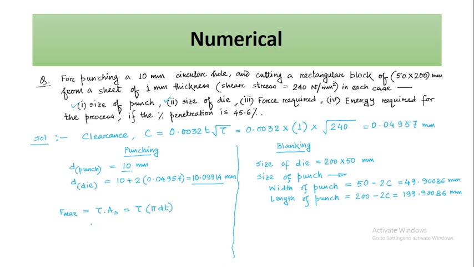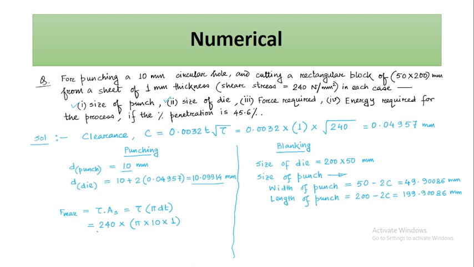Tau is 240 Newton per millimeter square, into pi into d, where d is the diameter of the punch, that is 10, into t, the thickness of the sheet, that is 1.